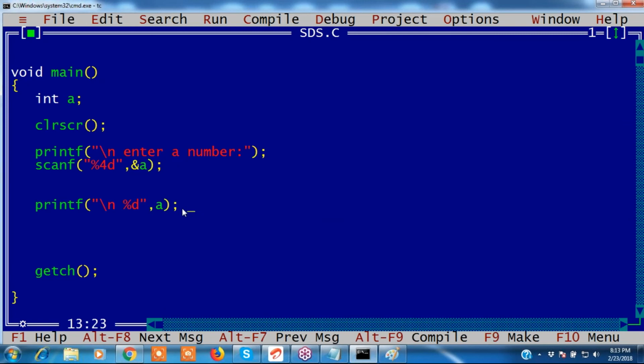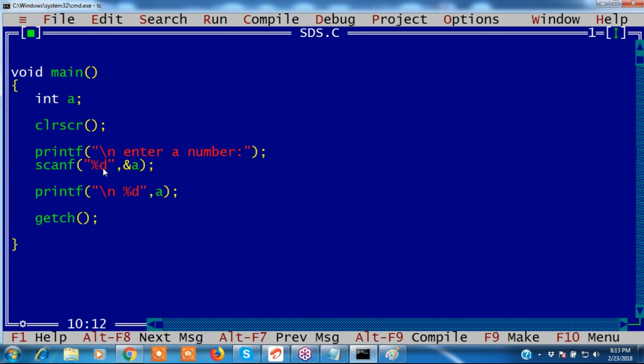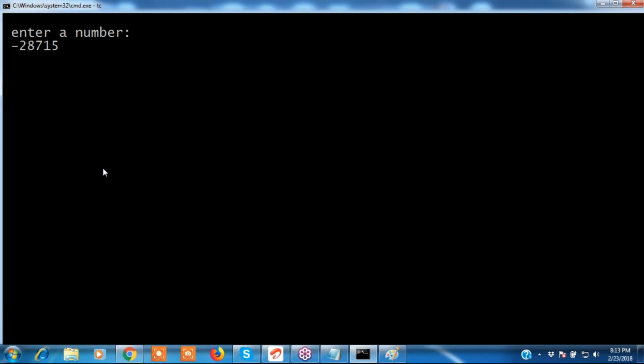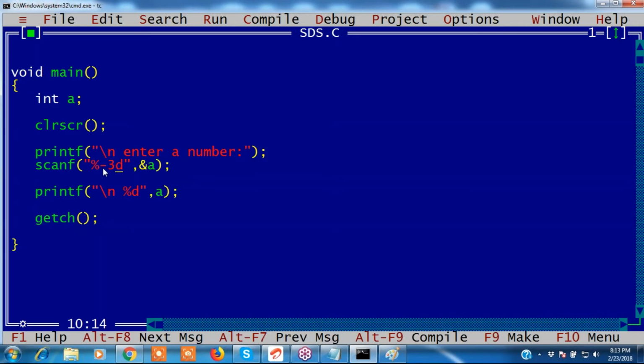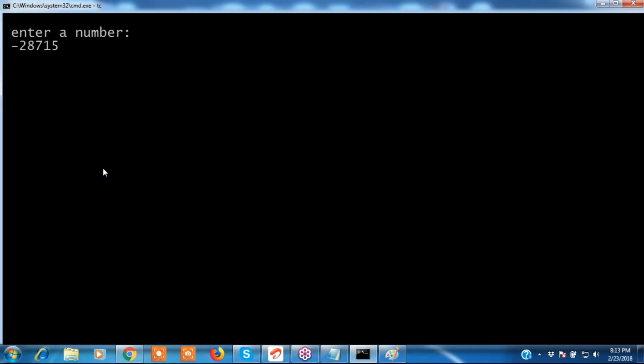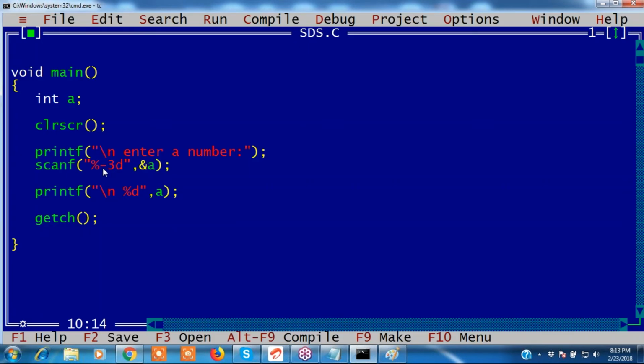Okay, what is percentile D? Same, minus 4D, minus 5D. Maybe, we'll check it, minus 3D. How does it work? If I give minus 3D, does it work or not? We'll check it. If I give minus 3, see, it is not reading a number. First of all, it's not reading.